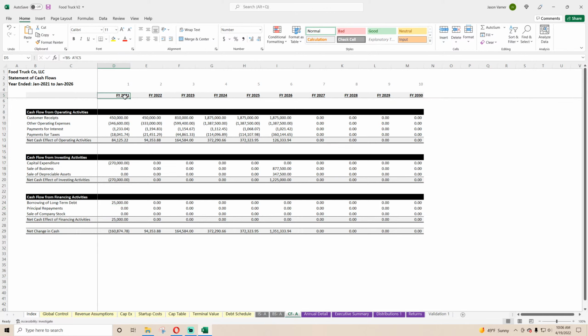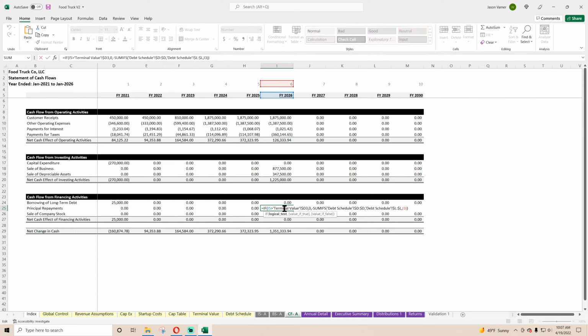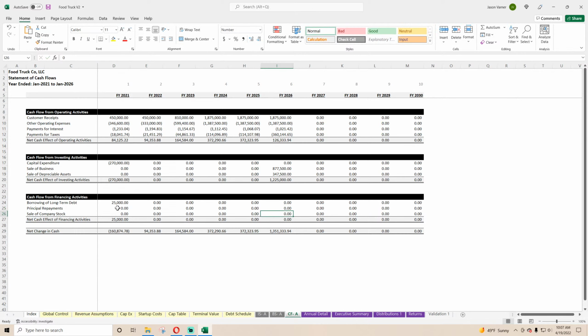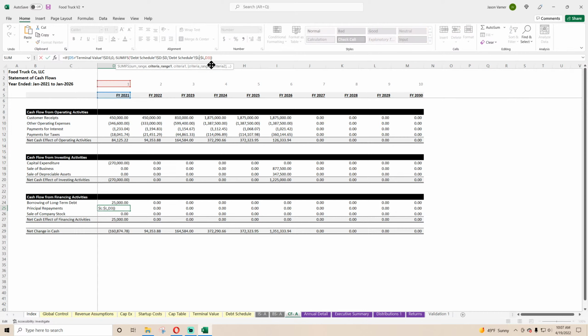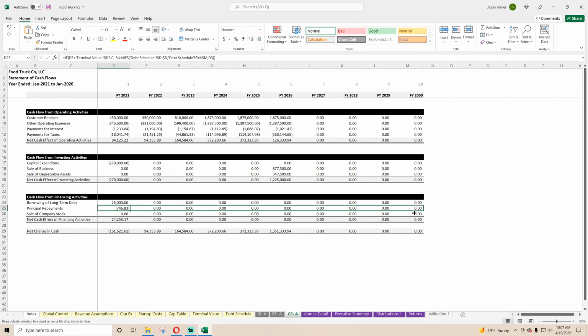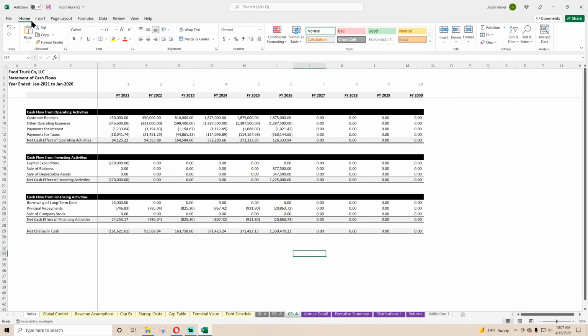Zero. Okay, why is this? It's 2021. So it's not greater until over here. Ah, got to change from L to M. We had an adjustment on the column there, remember. And if we do choose to include terminal value, it's going to pay back that debt on the exit year. Otherwise, it would just be the regular principal payments that you see.